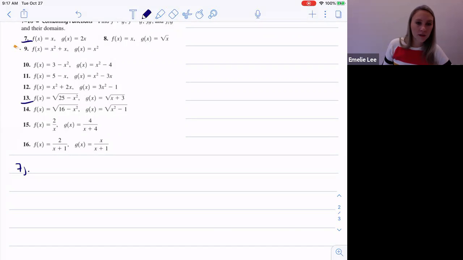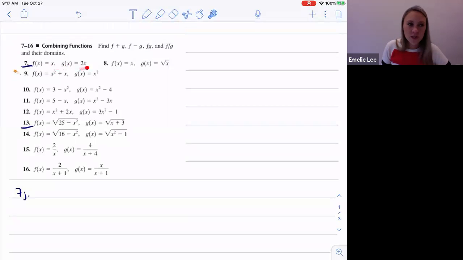Okay. So if you scan all of these functions, as soon as you have a square root or you have a fraction and you have an x in the denominator, that's when you're going to have restrictions on your domain. Otherwise, your domain is just going to be the set of real numbers, so any number is possible.